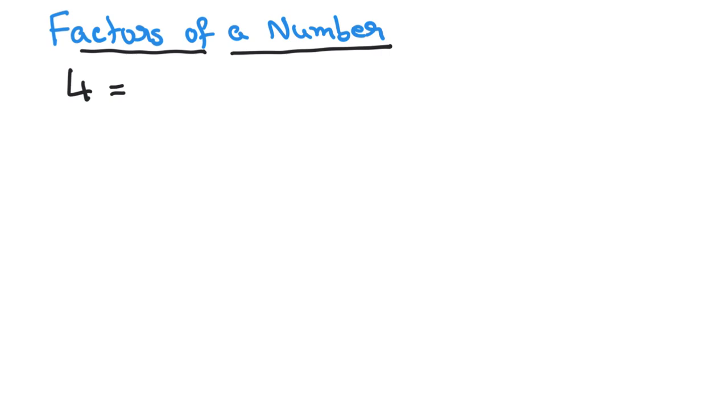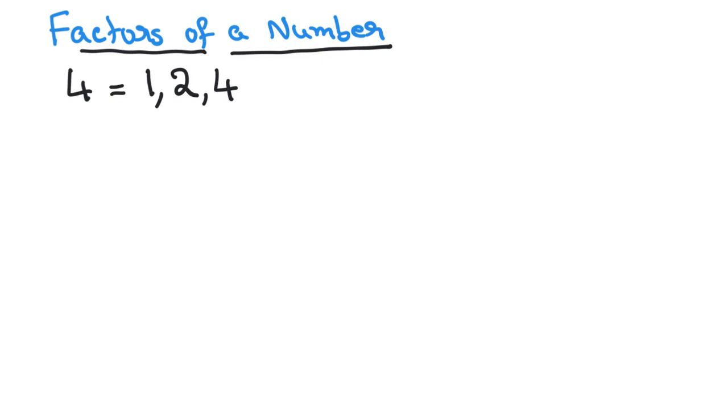Now, what are the numbers that can divide 4? 1, of course. 1 can divide all the numbers. And then 4 can be divided by 2. So 2 is a factor of 4. And of course 4 can be divided by 4 itself. So 4 is a factor of 4 itself.